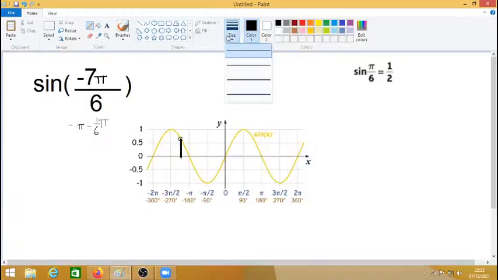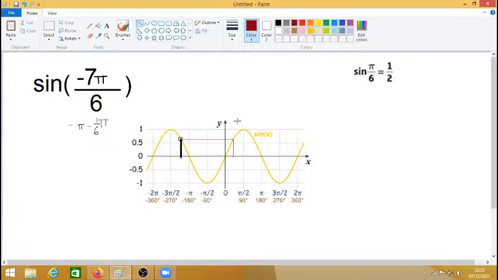But the advantage of having it as a graph is that we can say, well, which other point would be the same as that? So we could come back across until we're in the positive territory here, and then come back down to here.